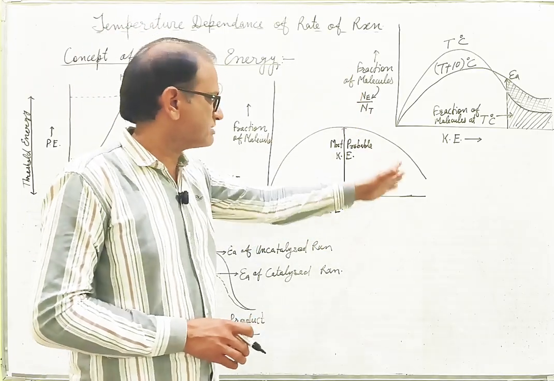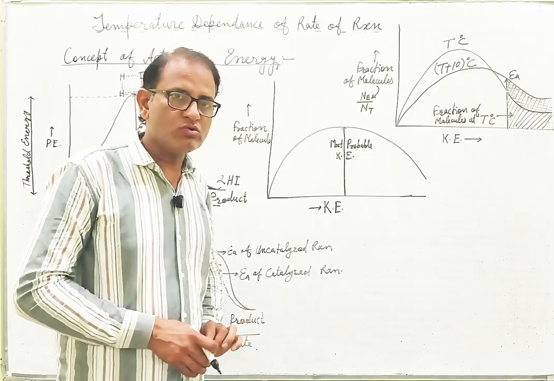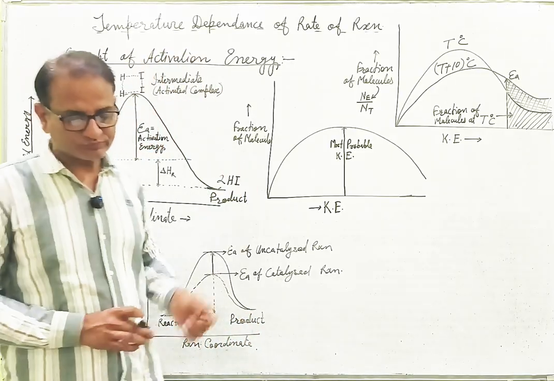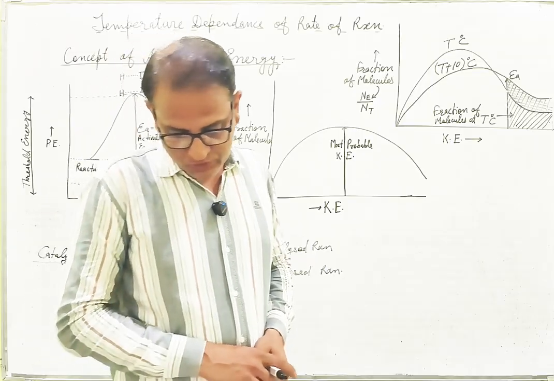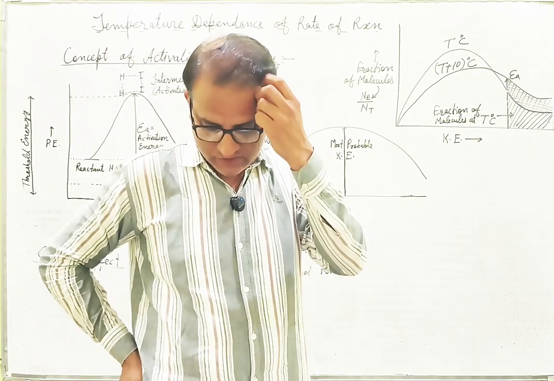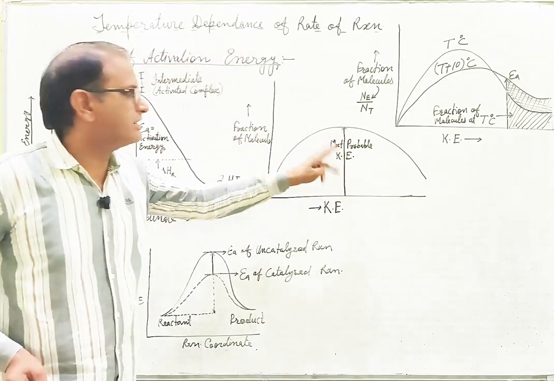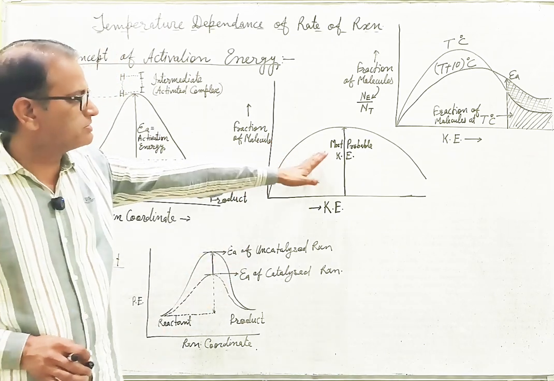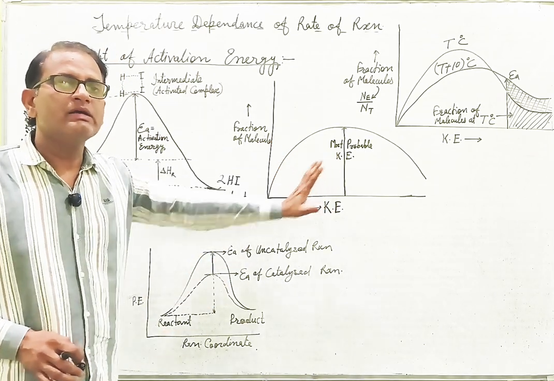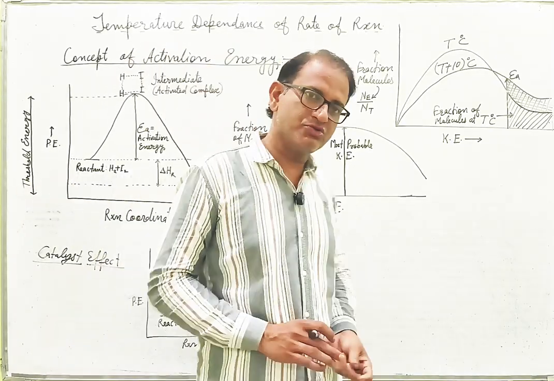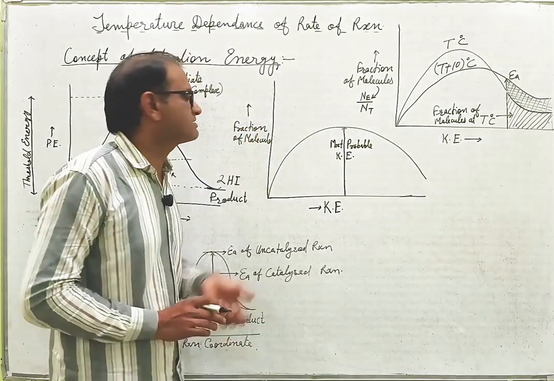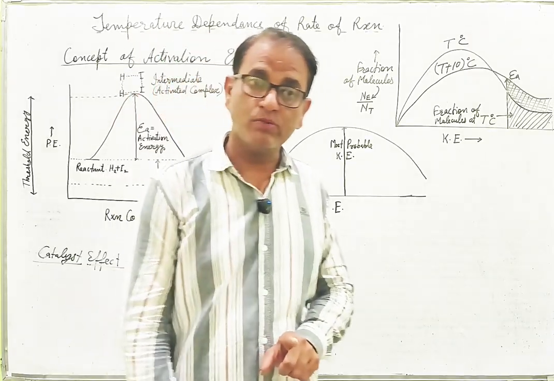So that is what we extrapolated, a graph according to Boltzmann and Maxwell. The peak of this curve is called most probable kinetic energy, because statistics is used here. So that is why the term fraction of molecule has come into the picture.